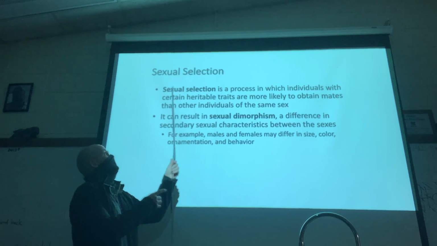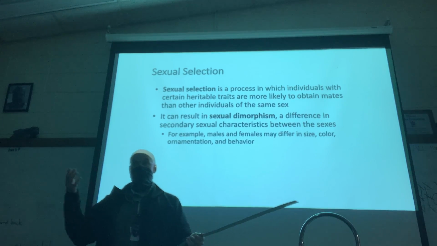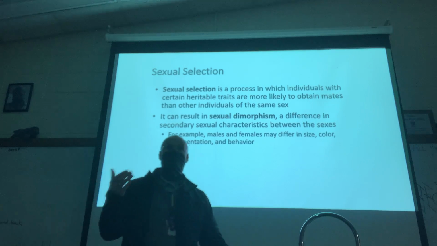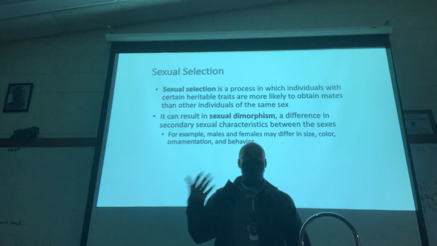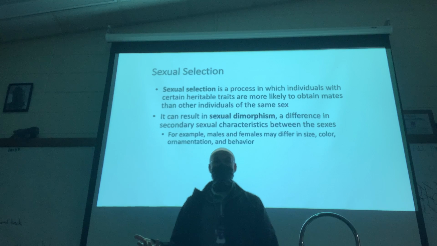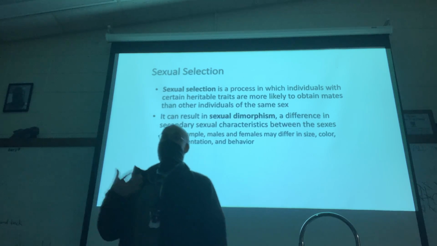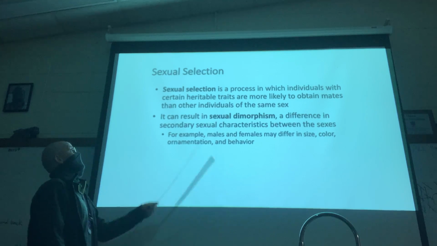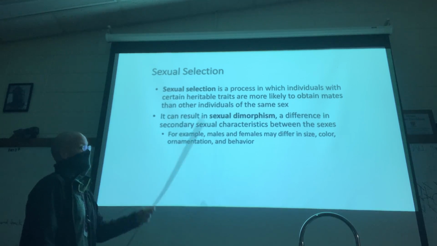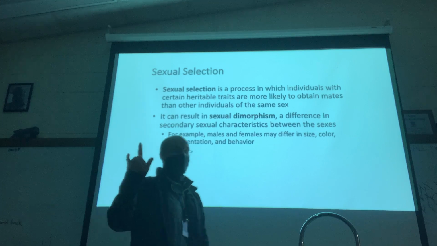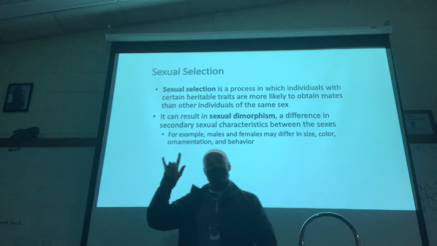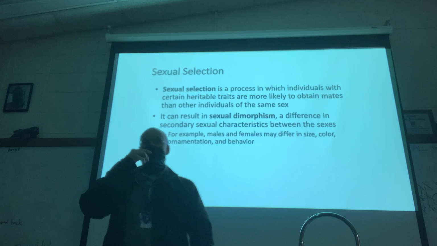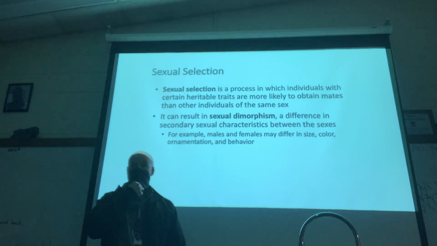A lot of selection that you see in different populations actually comes from the individuals in the population making choices about who they're going to have babies with. And that's what we call sexual selection. This is basically when mates select for certain traits.